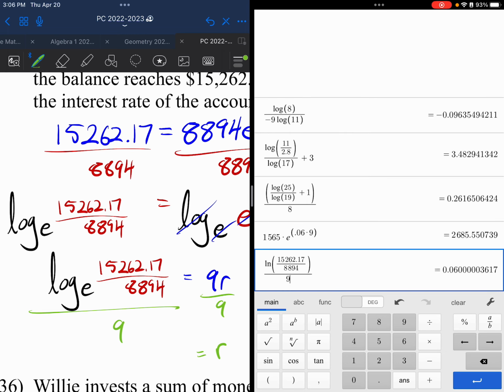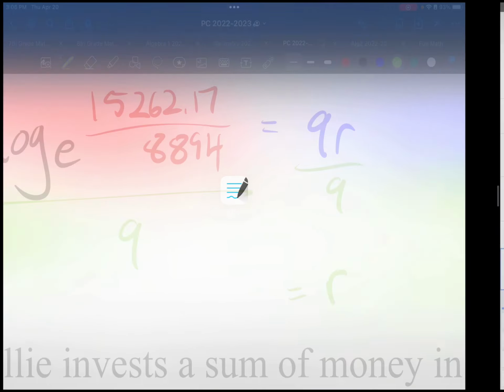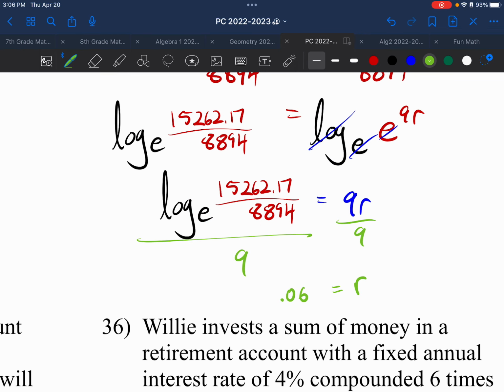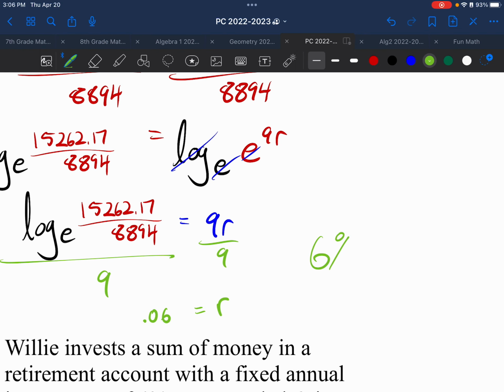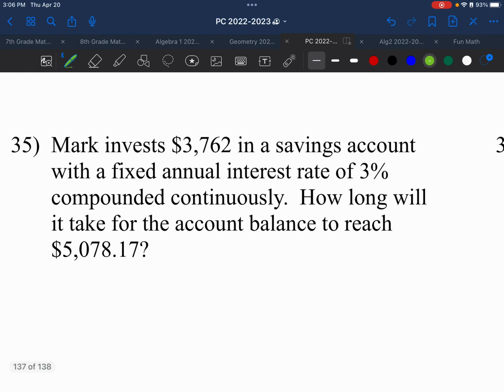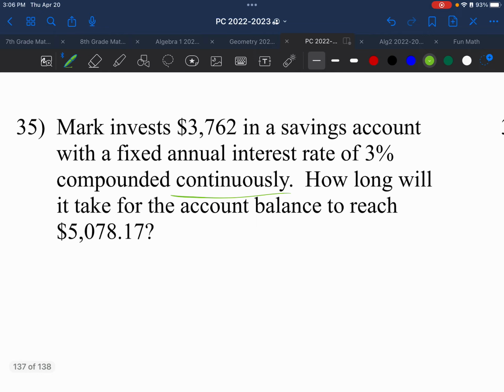And I get 0.06, so r is equal to 0.06, which as an interest rate is 6%. So I can come over here and say 6%, final answer, box it. Nice.